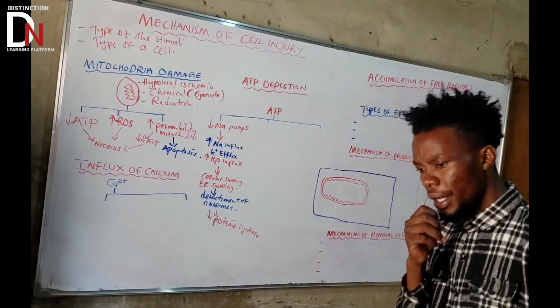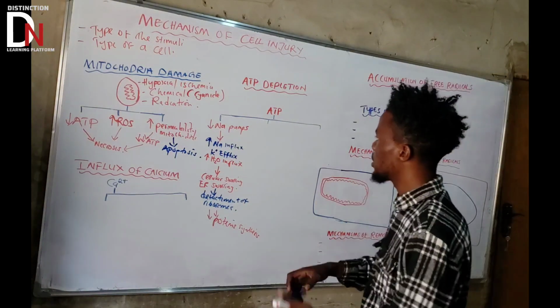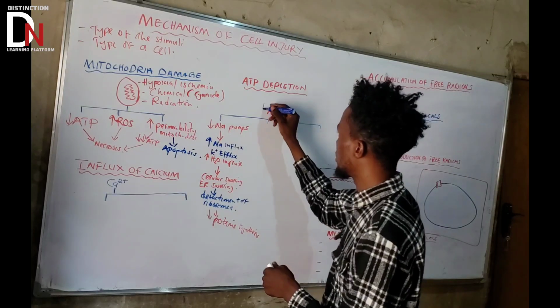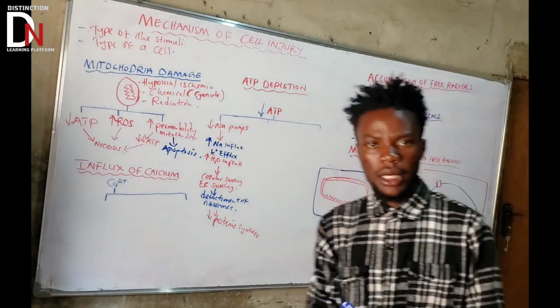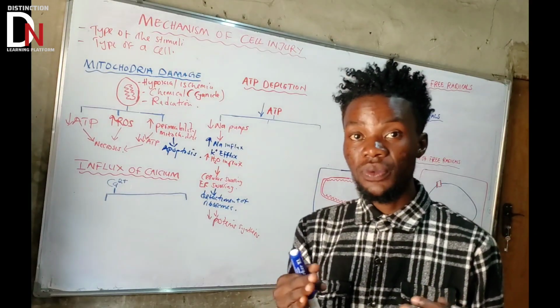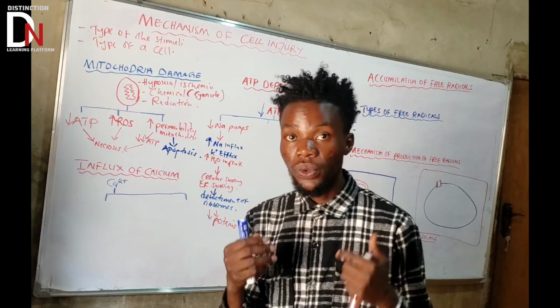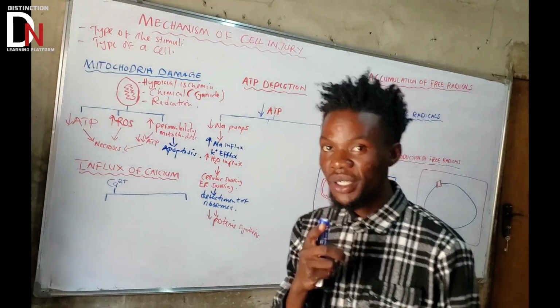Now imagine something. If a cell has depletion of ATP here, what do you think the cell is going to start getting energy from? They need to start using another way to get more ATP. What is that? Glycolysis. Very, very important.